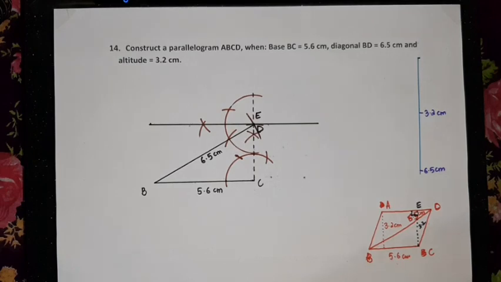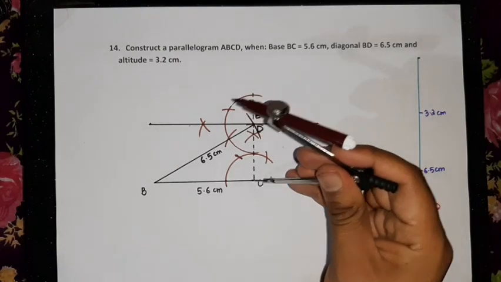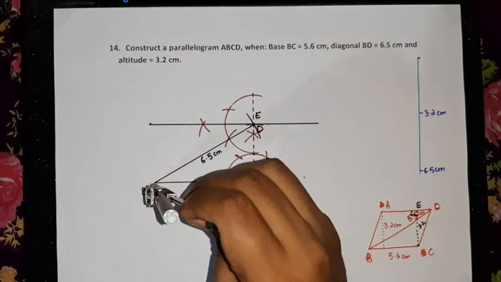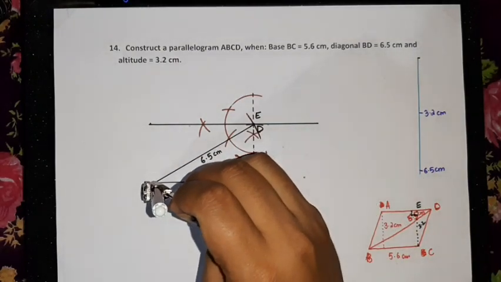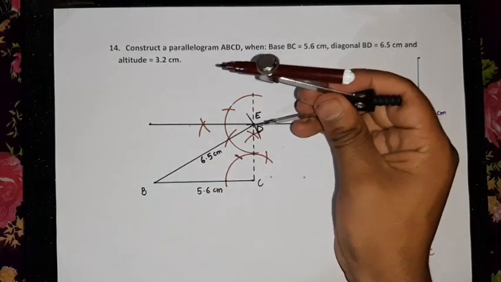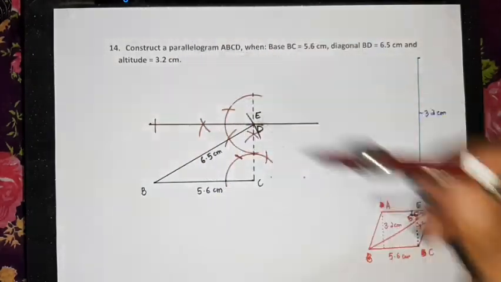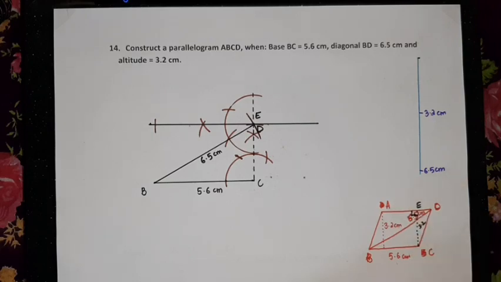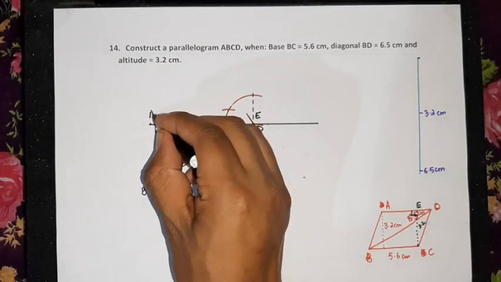Now let us take 5.6 again, because AD is also going to be 5.6, right? So let me take 5.6 measurement again. So we have 5.6 taken. Okay, so let me keep it out here and let me cut it out there. So the point of intersection will be my point A. Okay, so this is my point A.